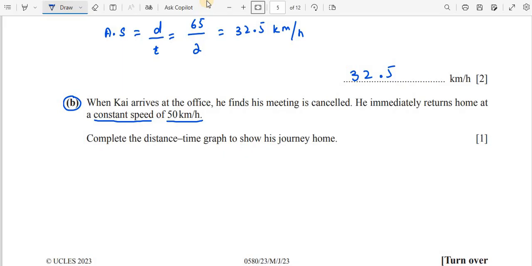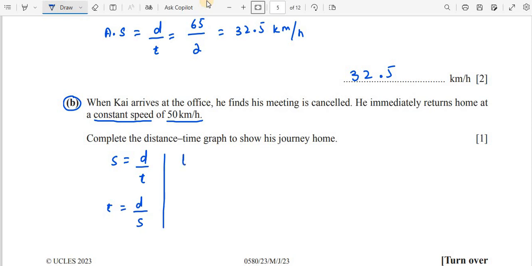Okay, first of all we calculate time. So we know that speed is equal to d over t. To find t, t is equal to d over s.